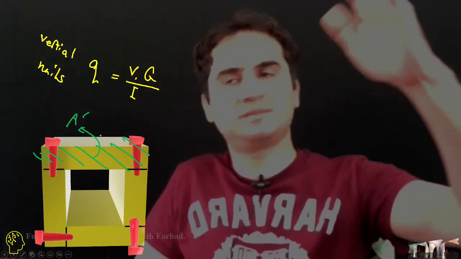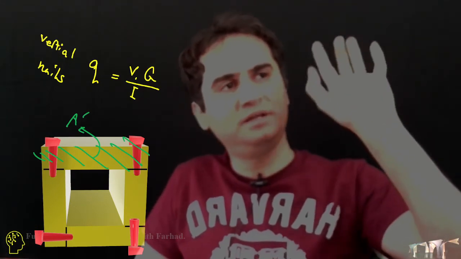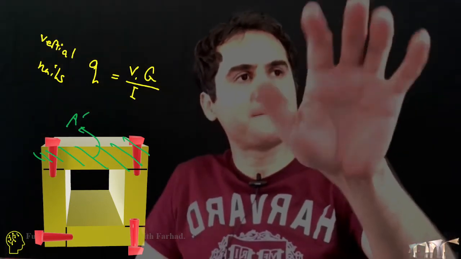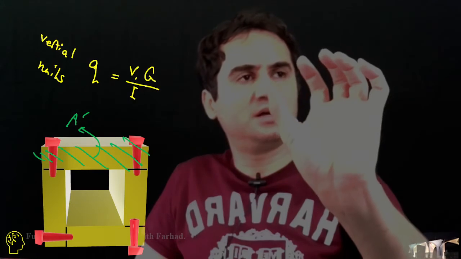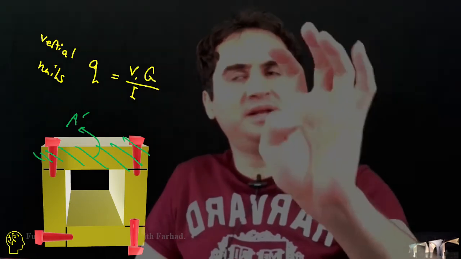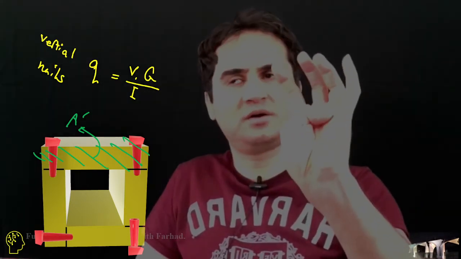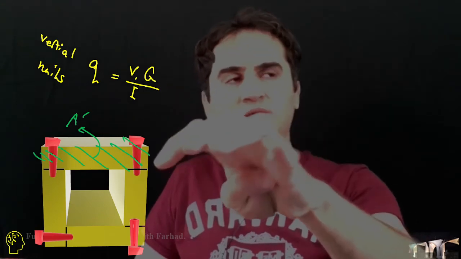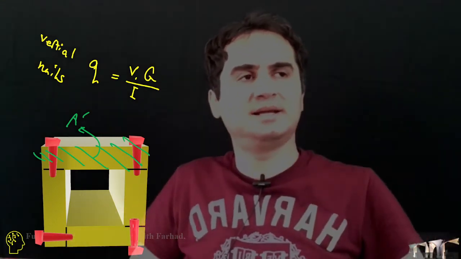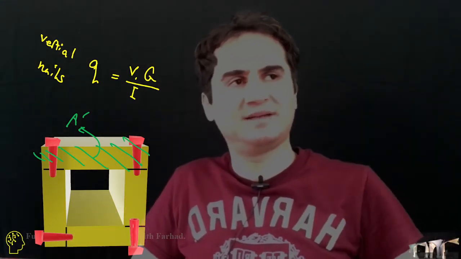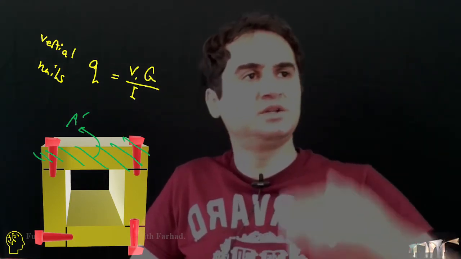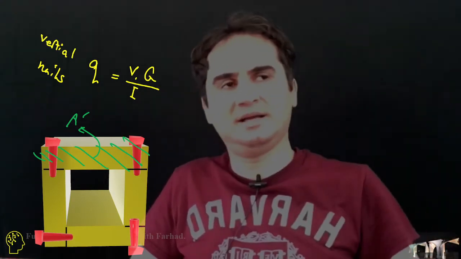And if you want to separate it due to the stress induced by a bending moment, just assume we are pushing the top board, and these two nails stand against this force and want to keep the top board at its location.